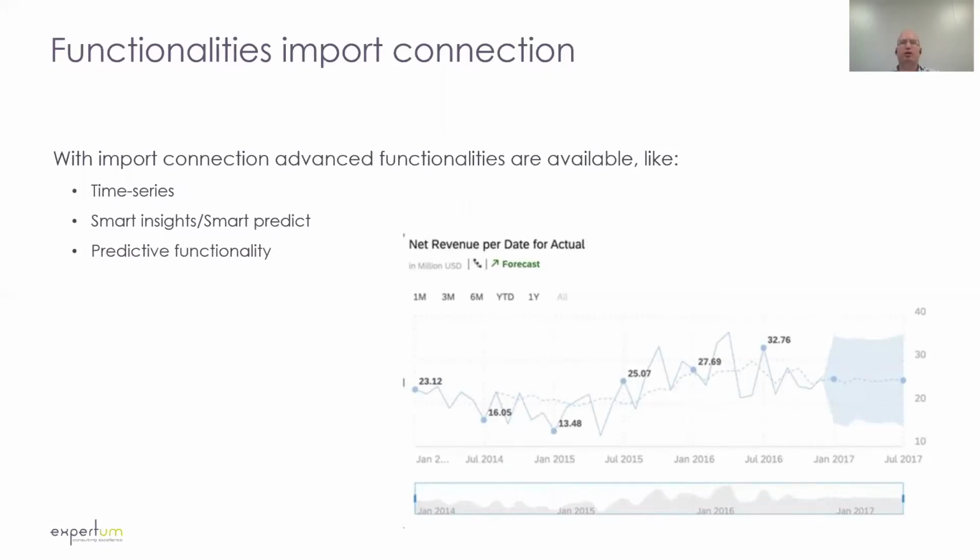And what does that get you? Well, the system gives you an estimation of what the future will become. So based upon the information that is available in the SAC system, it will give you a bandwidth of probabilities of what the future will bring, and also the most realistic scenario.